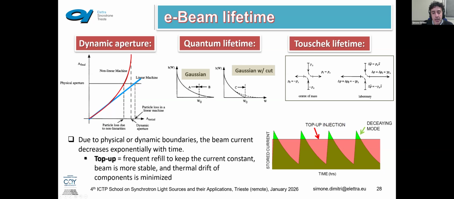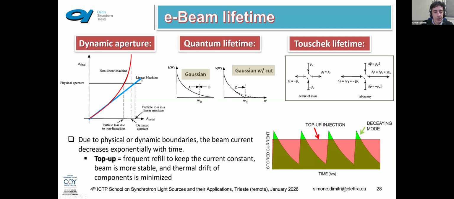So this charge loss can either be a quite linear, smooth process, or driven by nonlinearities in the transverse dynamics, like those driven by strong sextupoles or higher order multipoles and field errors.